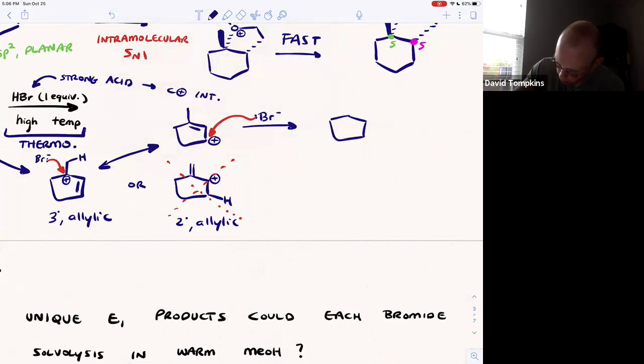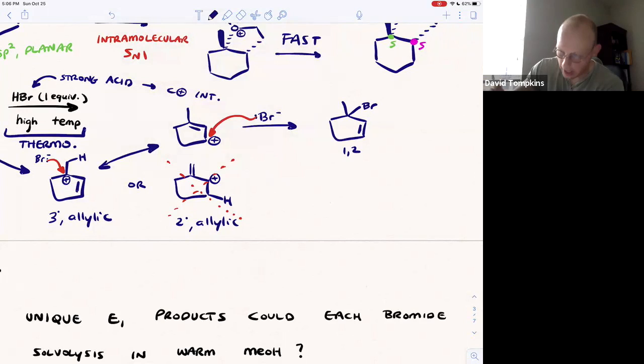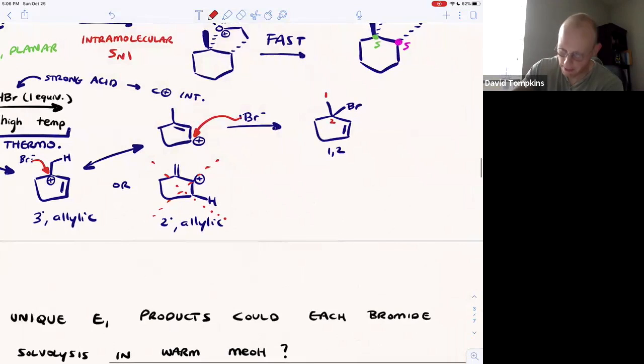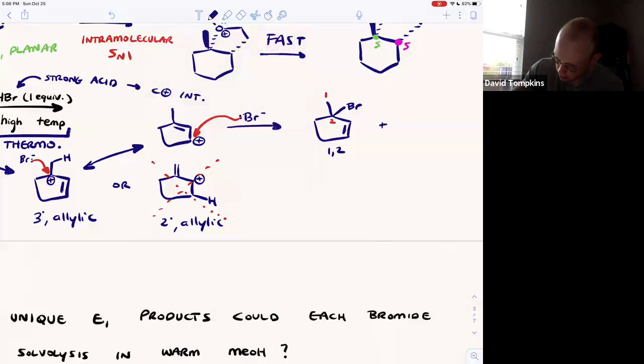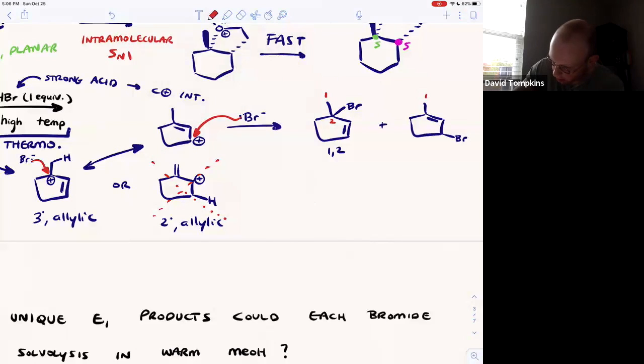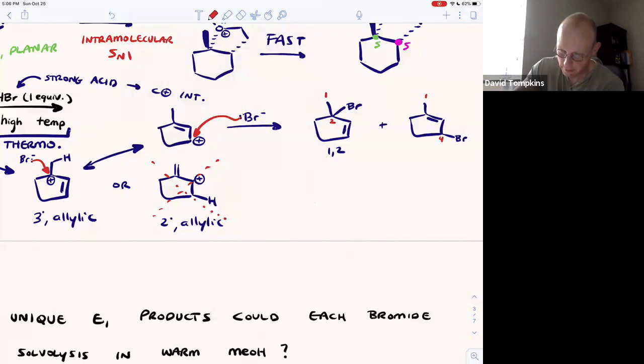You get 2 products here. The 1,2 product is where we add the hydrogen to carbon 1 and the bromine to carbon 2. Okay. The 1,4 product is where we have the double bond migrate over and we added the hydrogen to carbon 1 and the bromine to carbon 4.